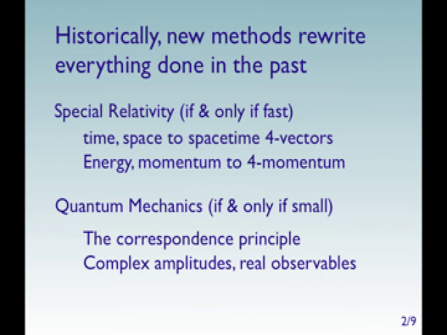New methods basically rewrite everything done in the past. Take, for example, special relativity. Lots of equations that are only about time or only about space. Well, those have to be reformulated into equations of space-time that use 4 vectors.